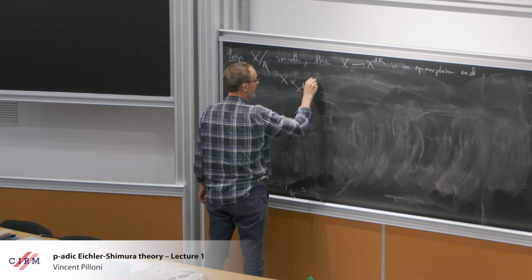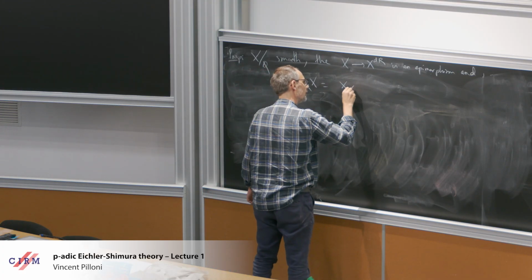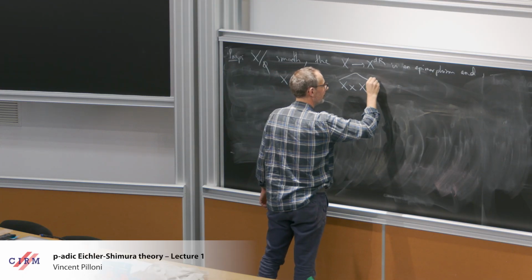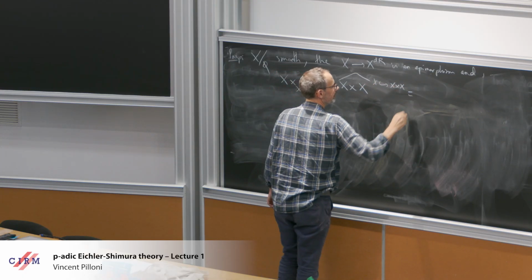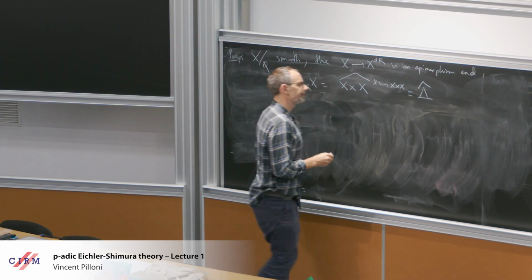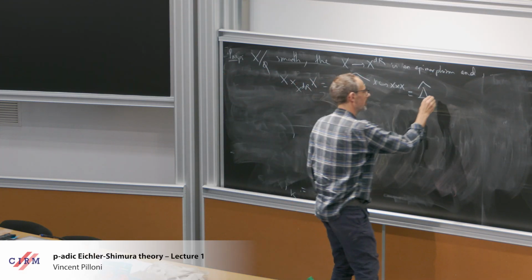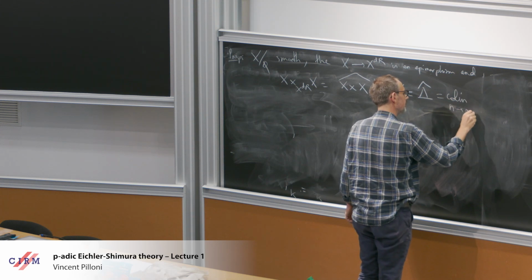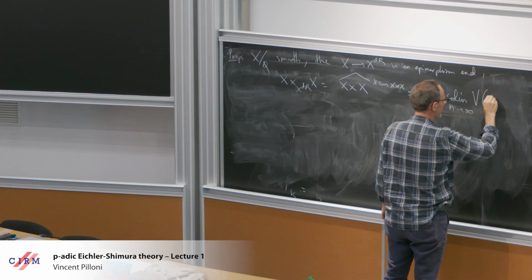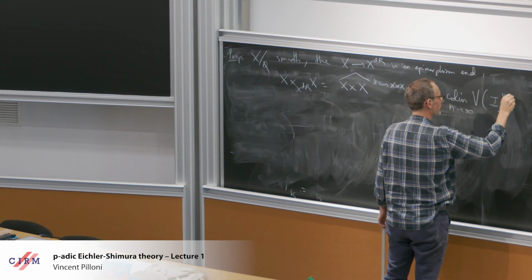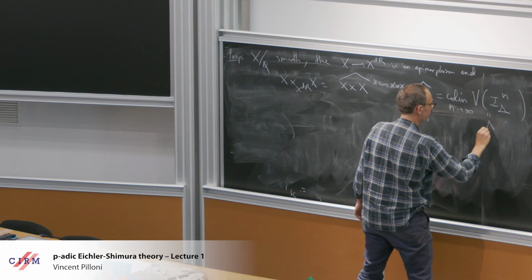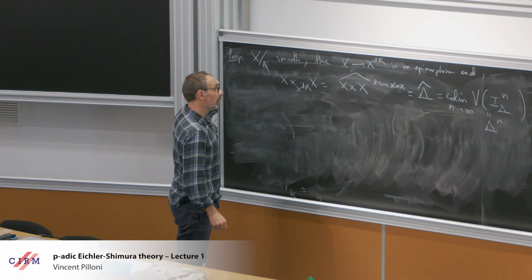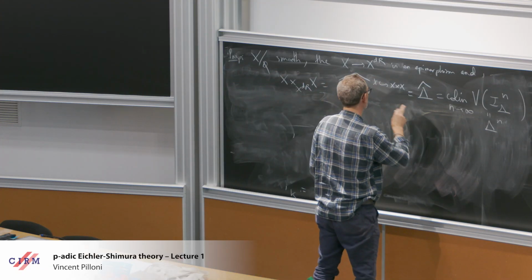X cross_{X de Rham} X is the completion of X cross X along the diagonal, which I want to call Delta hat. I really think of this as the colimit as n goes to infinity of the vanishing locus of the ideal of Delta to the nth power, which I want to call Delta_n.